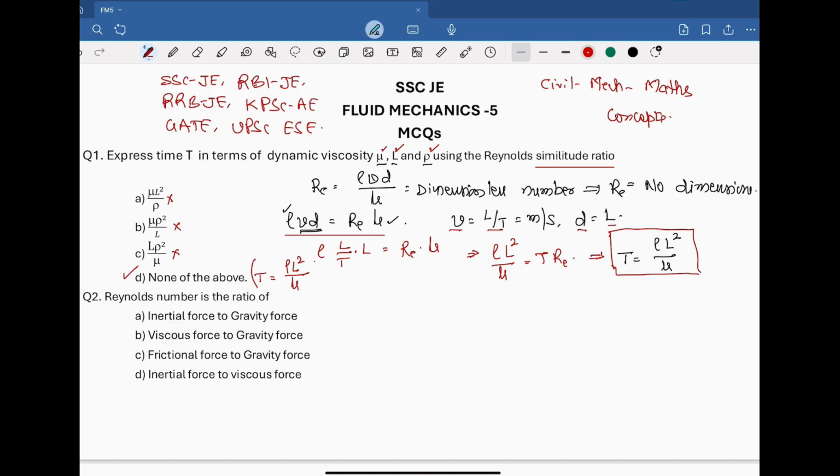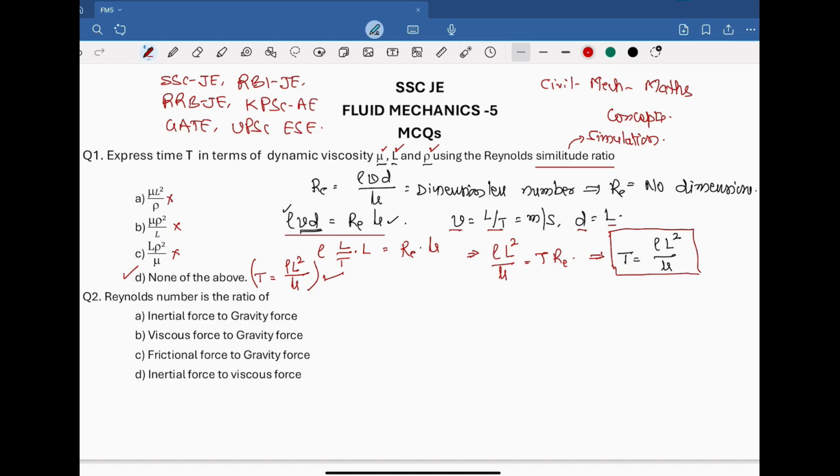This is the ratio of a prototype to the real simulation, because we are using similitude. Similitude is simulation. When we simulate a prototype in the laboratory to the site original design, then the similitude ratio for time will be measured in this form. Hence none of the above is the answer.